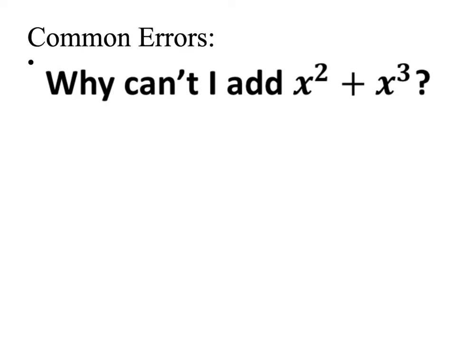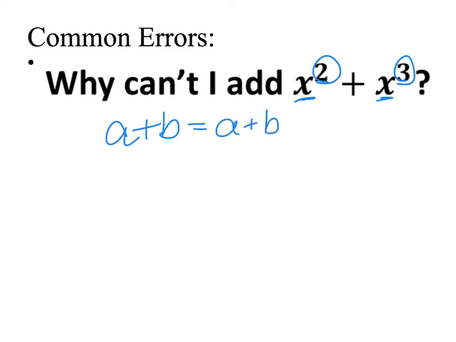Okay, so I've got x on both of them, but to the second power and to the third power don't match. And if the variables don't match, it's just the same as if you're doing a plus b. That's just a plus b. So x to the second plus x to the third is just x to the second plus x to the third. There's nothing you can do with that.